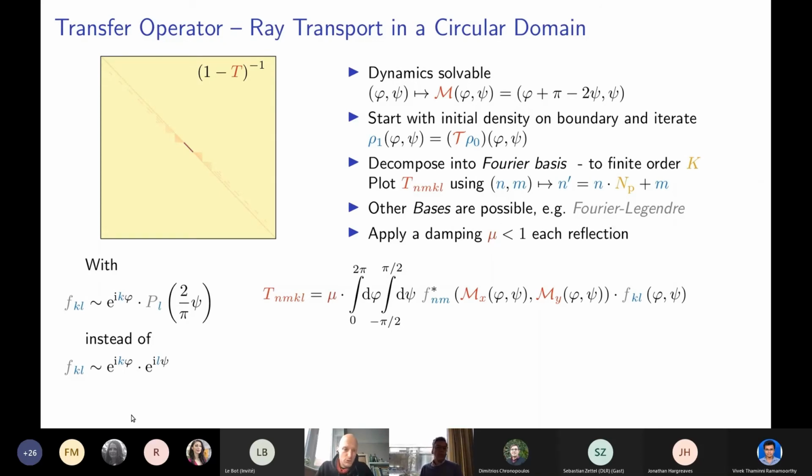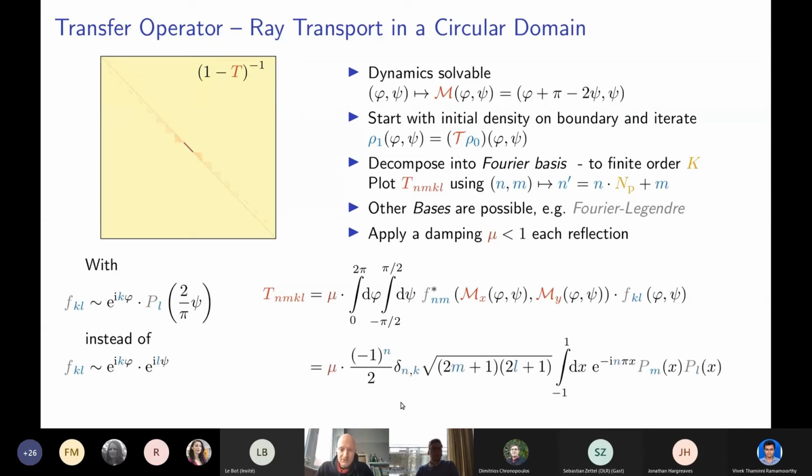So for example, you could choose a Fourier-Legendre basis, where instead of two Fourier functions like we just did, you could stick with a Fourier function in phi, but you use Legendre polynomials in psi. Why not? You could do that. So you would put them in, and then you have to solve this integral, and it leaves you with this integral here over the product of 2 Legendre polynomials.